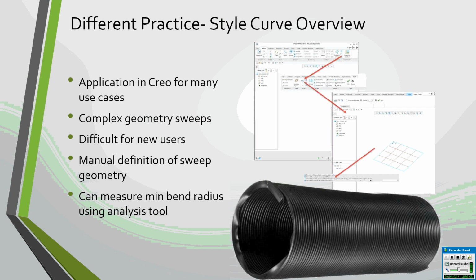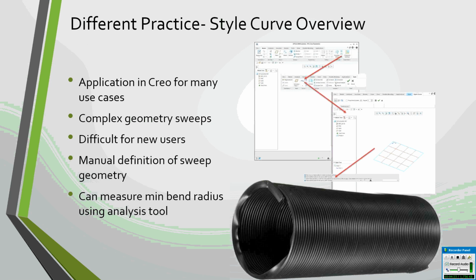And that's probably one of the greatest use cases for it, is the complex geometry. For example, just that ducting material up there. Say you want to change that OD relation along the sweep. You can do that just using a style curve or a datum curve.